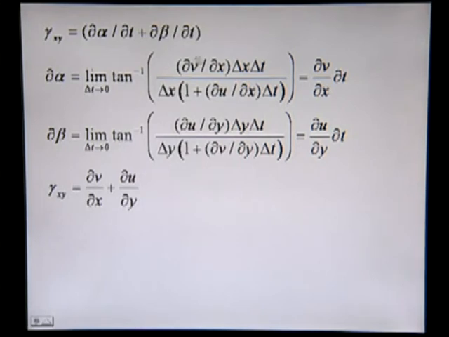Del alpha is equal to this perpendicular distance, del v over del x into delta x into delta t, divided by the horizontal distance. Horizontal distance is equal to delta x, the original distance, times 1 plus del u over del x into delta t. This we understood in the last class, and we can still understand what the variation is in the x direction of the fluid element having size delta x.